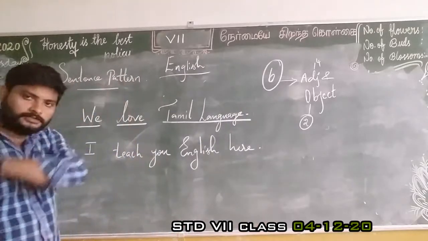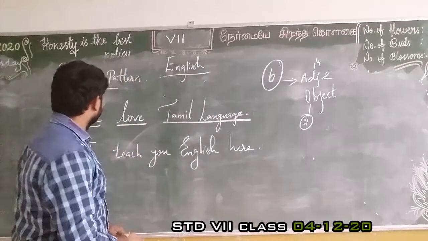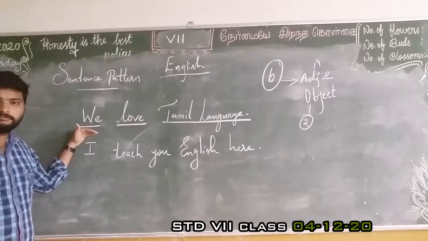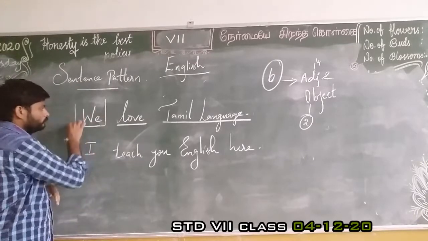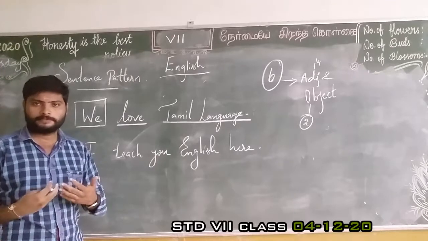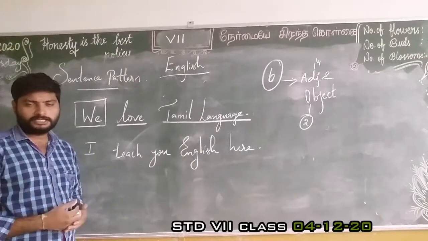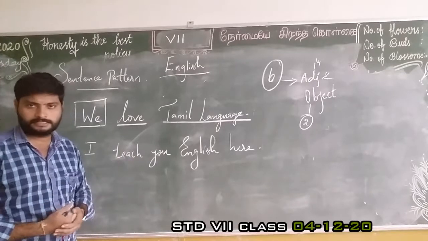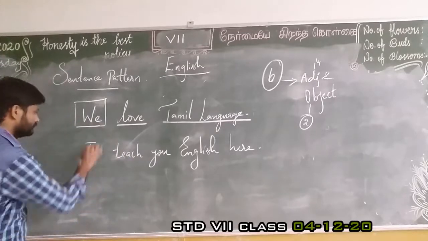Okay, so first we should know the doer of the action. We love. Who loves? We. So we are the doer of the action and we are the head word of this sentence. So we is the subject.